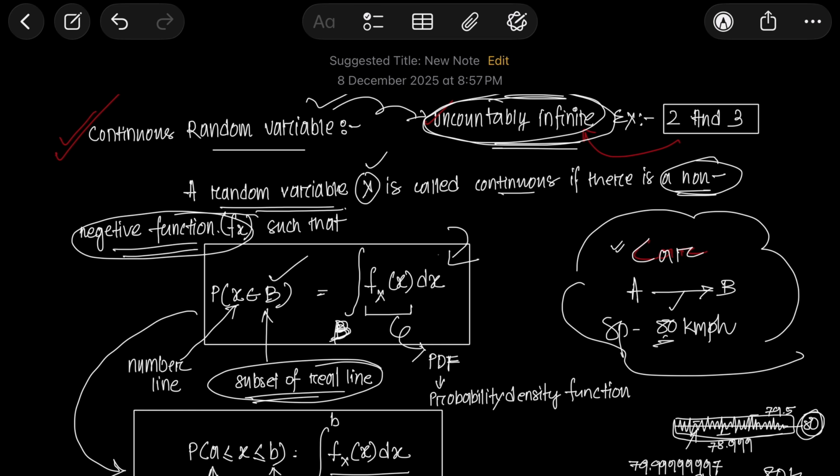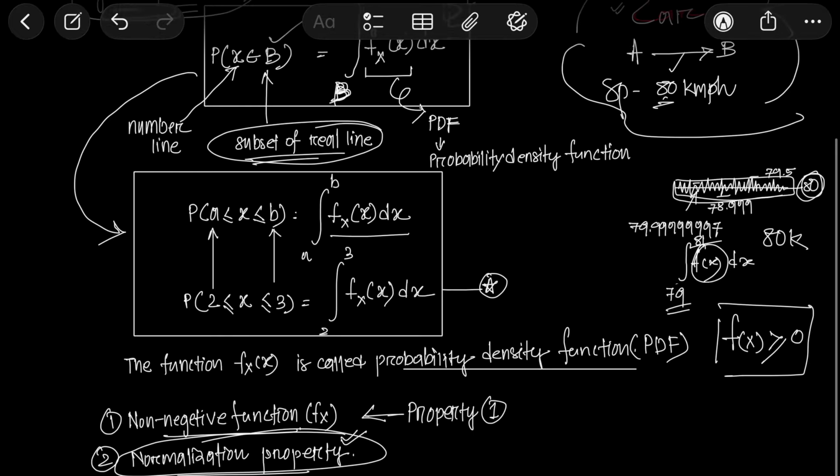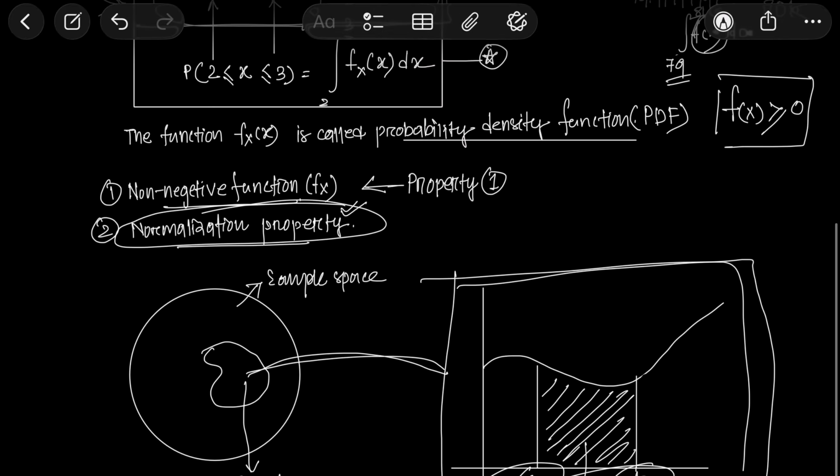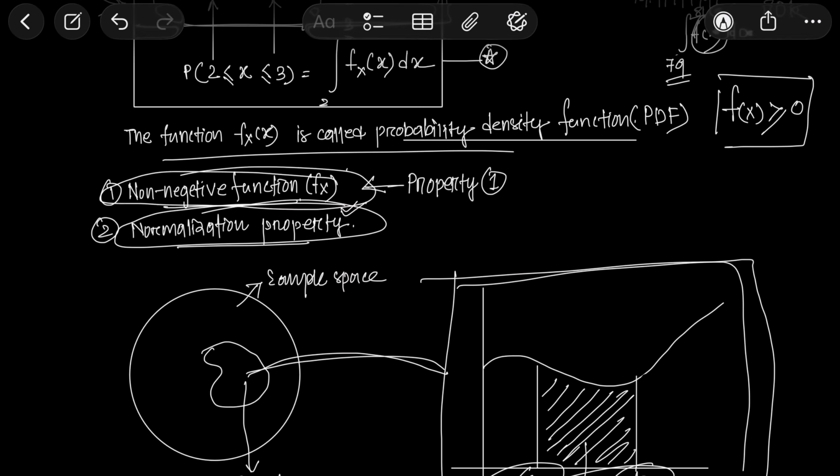Going further, we discussed two properties that a continuous random variable must maintain. The first one is the non-negative one. The second one is the normalization property: if we integrate from minus infinity to infinity, that must give 1 as the value.